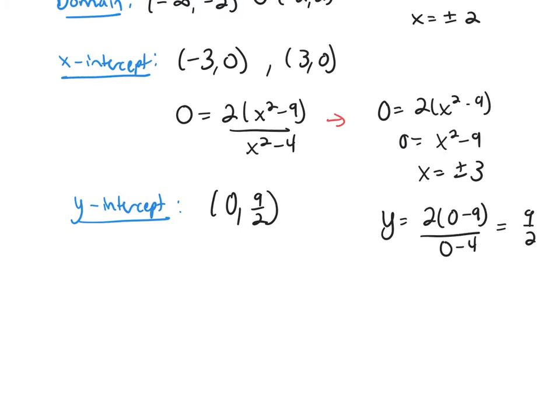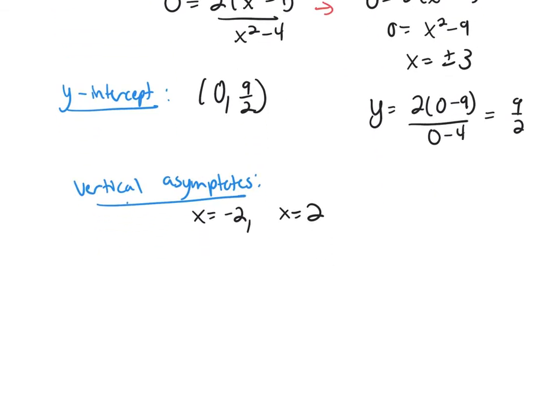Let's find our asymptotes. We'll start with our vertical asymptotes. We have two of them: x equals negative 2 and x equals 2. Next, we're going to find our horizontal asymptotes.